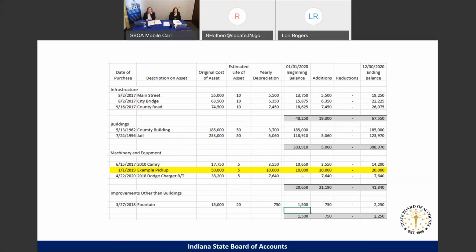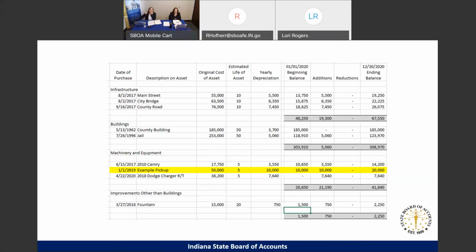So our original cost is 50,000. Our useful life is 5 years, so our yearly depreciation is 10,000, just like we calculated. In year 2, our beginning balance was 10,000, plus we added another 10,000, so our accumulated depreciation is 20,000. That gets added to all of the accumulated depreciation in machinery and equipment to come up with that 41,840.